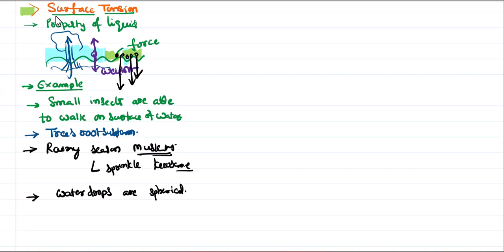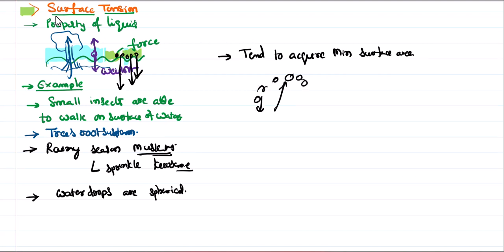Because of the surface tension, liquids tend to acquire minimum surface area. Among all the shapes in three dimensions, it's the sphere that has a minimum surface area. That's why when you sprinkle water, it becomes small water drops. That's because of the surface tension itself, right? How it happens, technical things, we will go into further in the lessons.